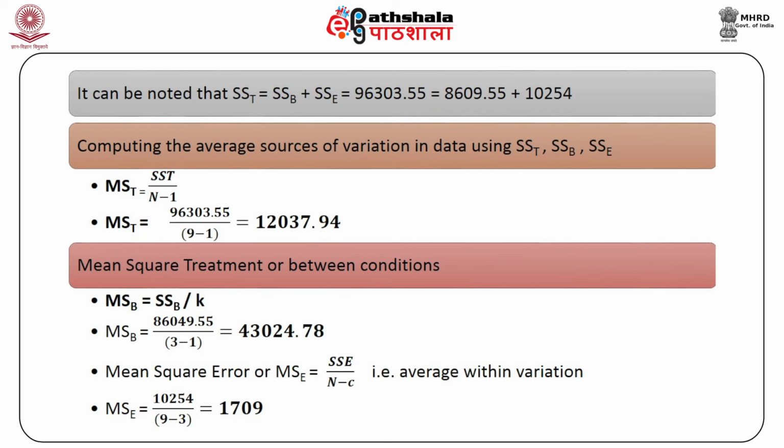Mean sum of squares total is also calculated, and then mean square treatment between the conditions is calculated by the average between variations, C being the number of columns in the data table. The mean sum of squares for between treatment is also calculated, and mean sum of squares for errors is also calculated, that is the average within variations.